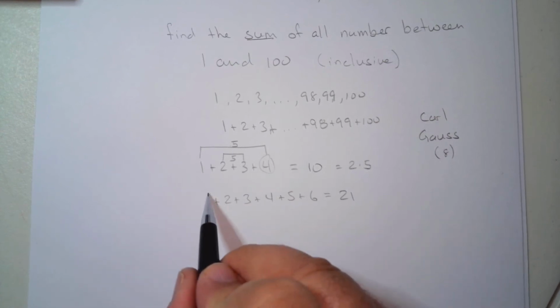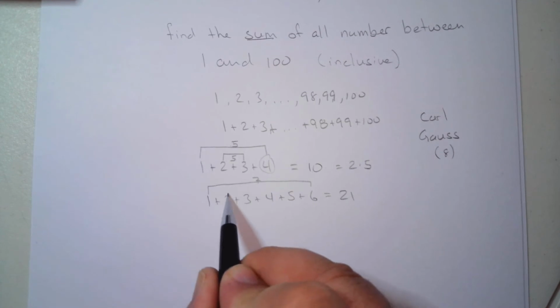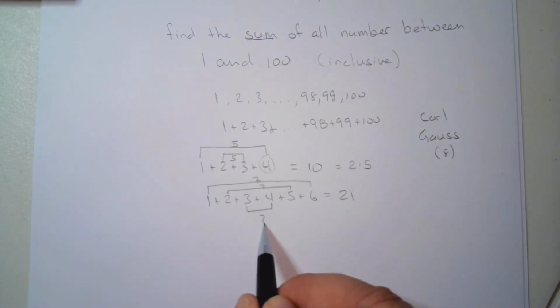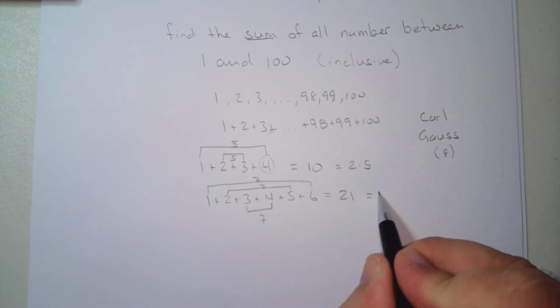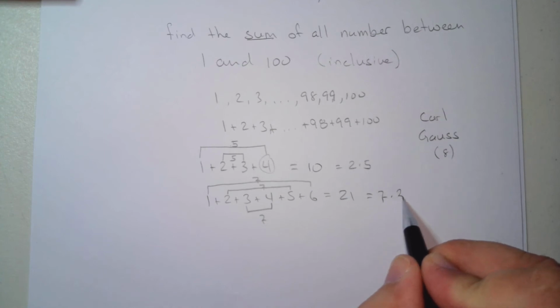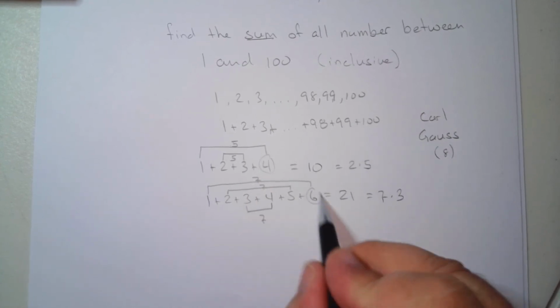Let's try that again. Look at the next set. 1 plus 6 is 7. 2 plus 5 is 7. 3 plus 4 is 7. So it's 7. How many times do they occur? 3 times. And we had 6 numbers.